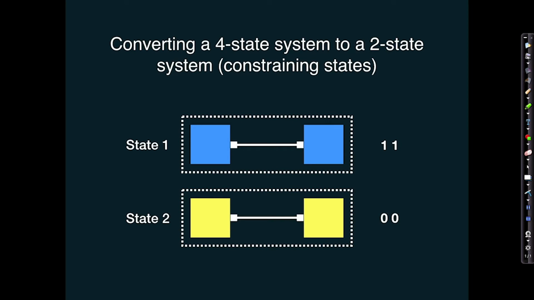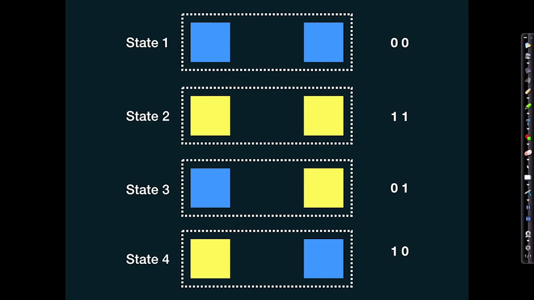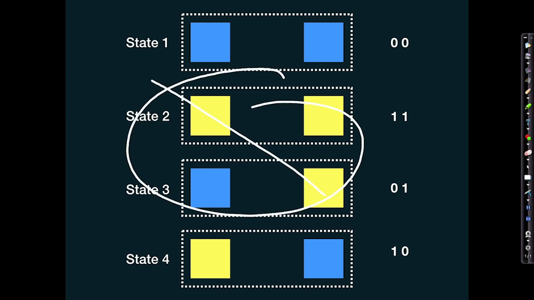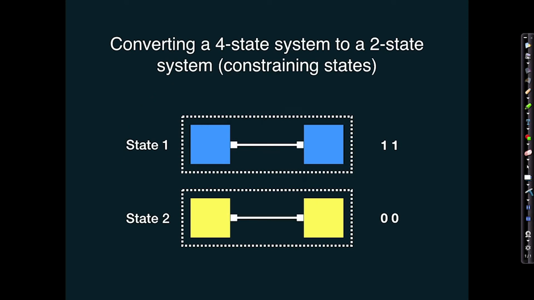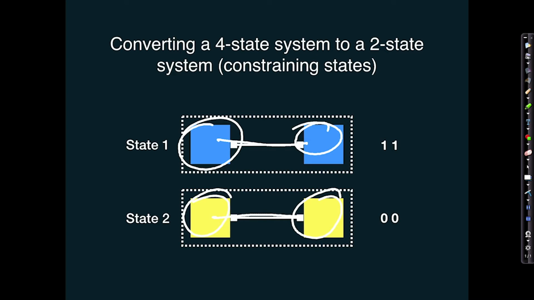So these states are no longer possible because you have connected these units, which basically means that when this one is blue, it forces this one to be blue. When this one is yellow, it forces this one to be yellow, and vice versa. So you've reduced a 4-state system to a 2-state system. You've constrained the number of states, and you've reduced the amount of information that this system can generate.